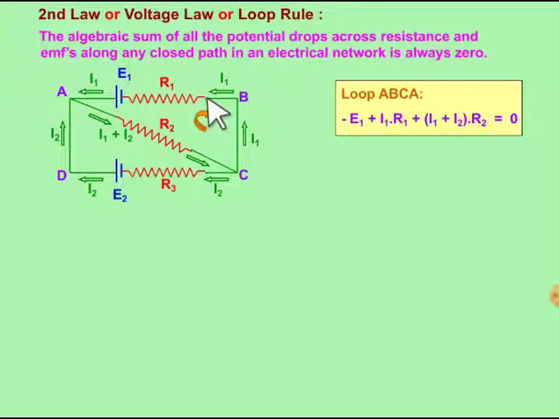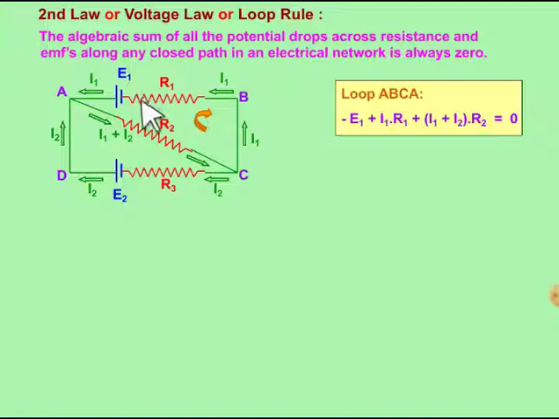So that means it falls down, from high potential to low potential. So if the potential falls, then we have to take it as negative. High to low is negative, or falling means negative.